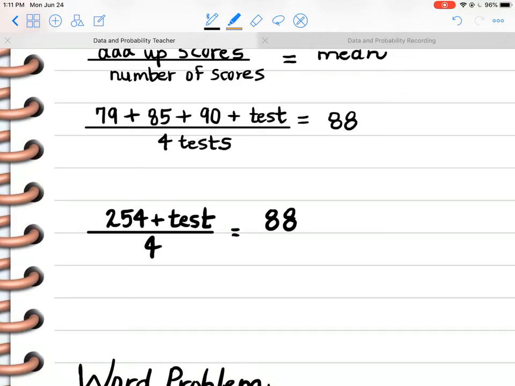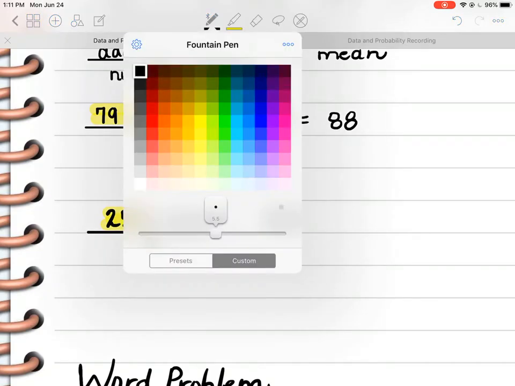So all I did basically is to add this part. I added those to get the 254. I still have the word test, and I dropped the test on the bottom, but I kept the number that I needed. So I just simplified a little bit. Okay, those of you who have not had the algebra course, this is going to be a little bit tricky.